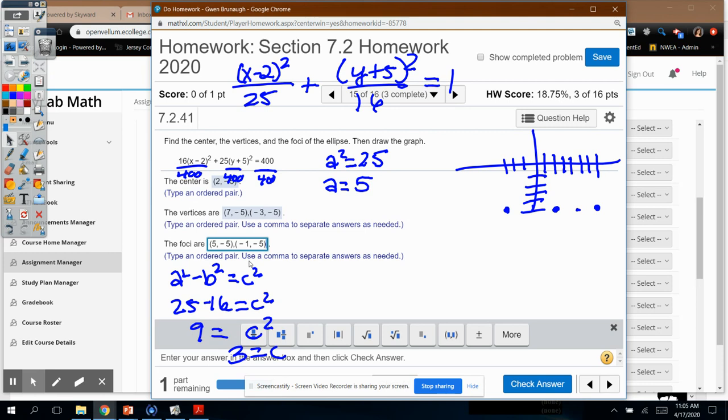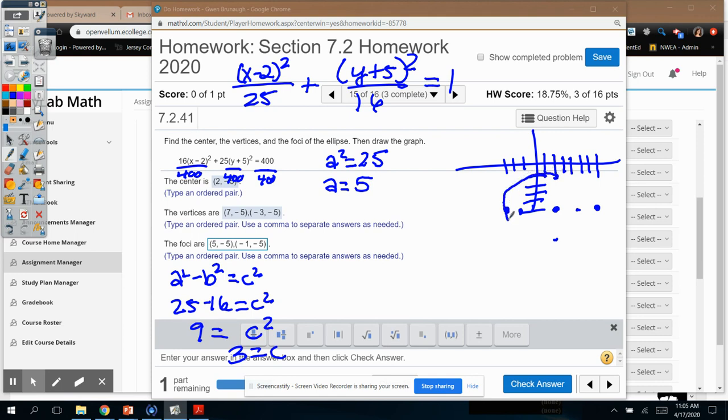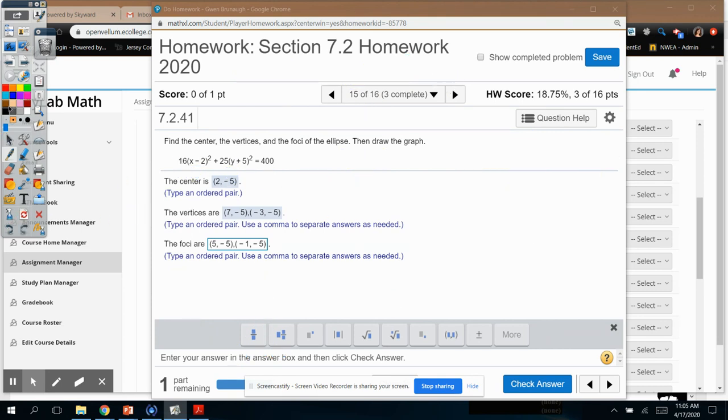I didn't really finish any of these out, did I? I'm going to go up and down 4. Okay, kind of a mess, but you get the idea.